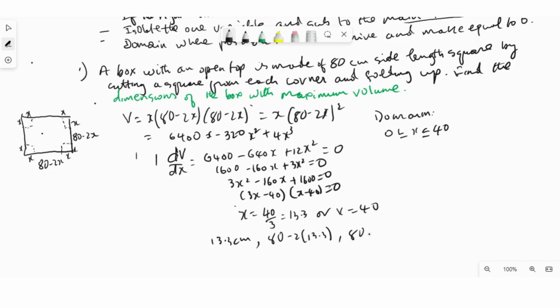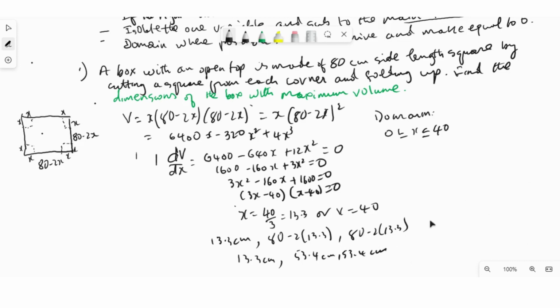Dimensions are 13.3 centimeters by 53.4 centimeters. These are the dimensions to give me a maximum volume for this box.